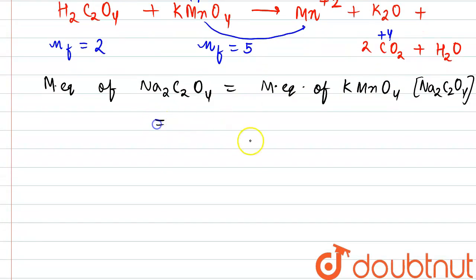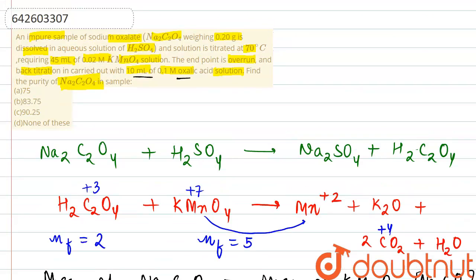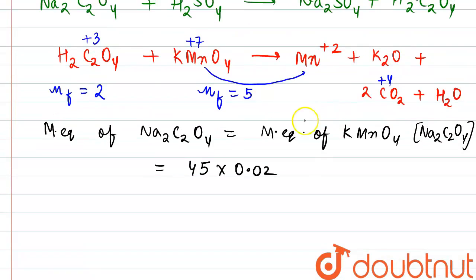So here it will become 45 into 0.02. Why 45 into 0.02? Because it is given to us in the question that it required 45 ml of 0.02 molar KMnO4 solution. So for that we have taken it, and the N factor of KMnO4 which came out to be 5, minus the subtracted amount, 10 into 0.1 into 2.